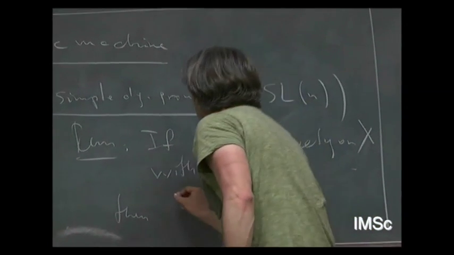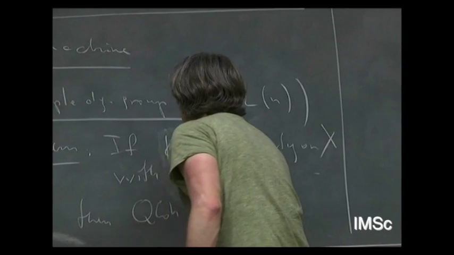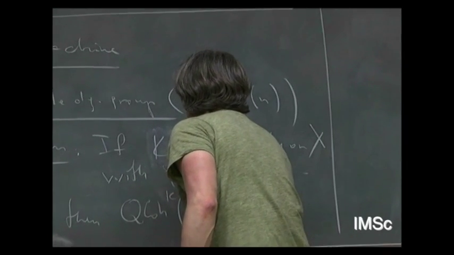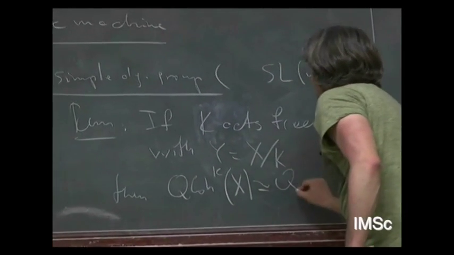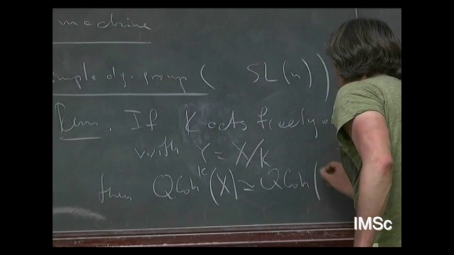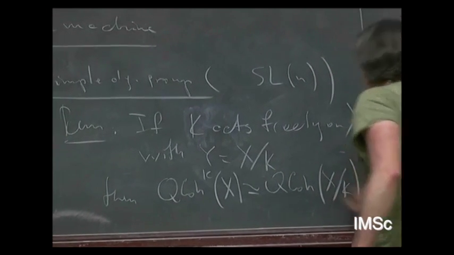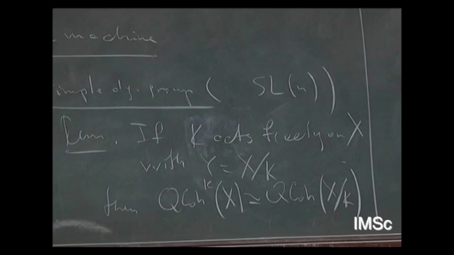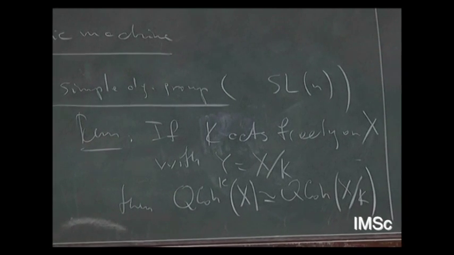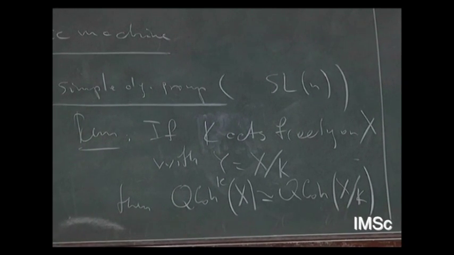the derived category of equivariant sheaves is equivalent to quasi-coherent sheaves on the quotient. So that's what you expect, and that's what you get. I don't want to explain this.